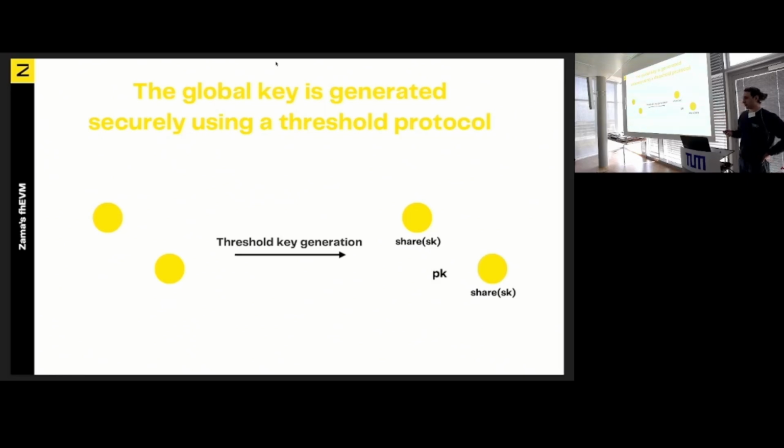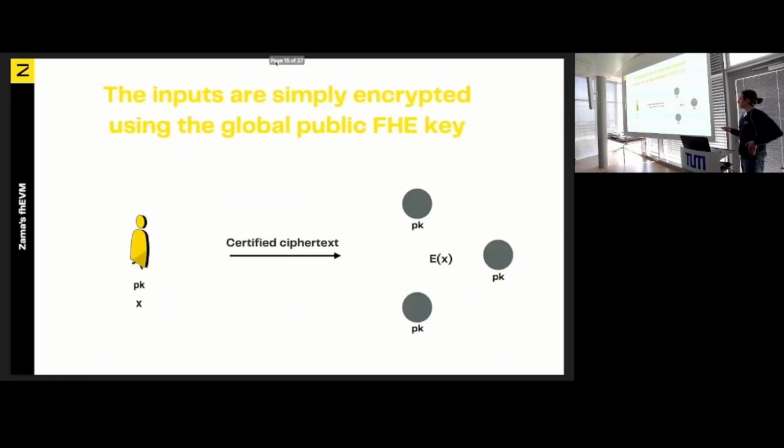The public key is made available for download to the public. When a user wants to send encrypted data as part of a transaction to the blockchain, they can use this public key, encrypt their data, and send over what we call the certified ciphertext, which is essentially the encryption of X with another cryptographic component that I'm going to mention later on.